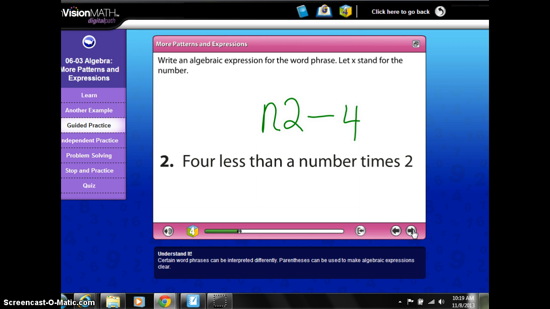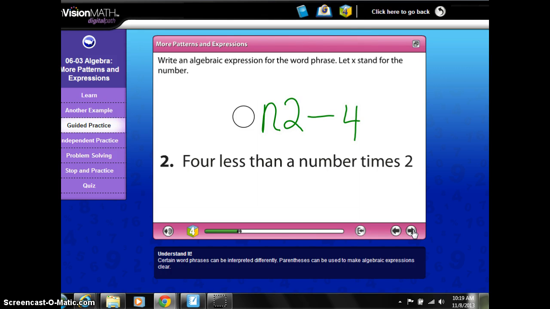Okay, so why did you start with the number times 2? And then you subtract. It's 4 less than something. So when we say 4 less, that has to come second.